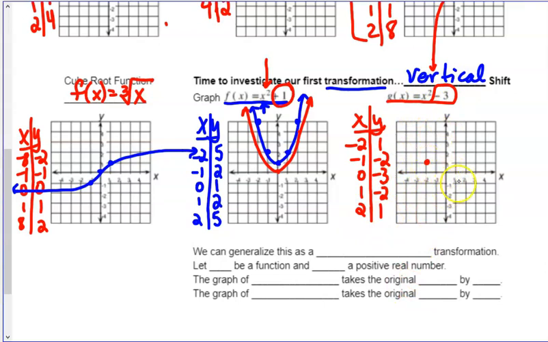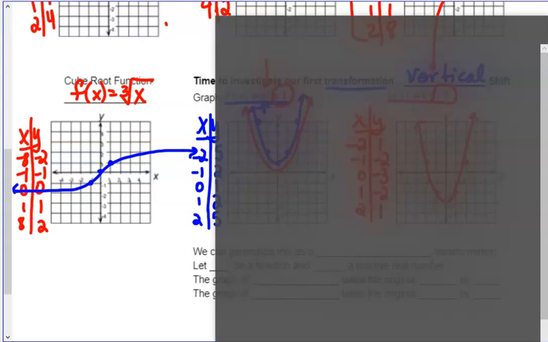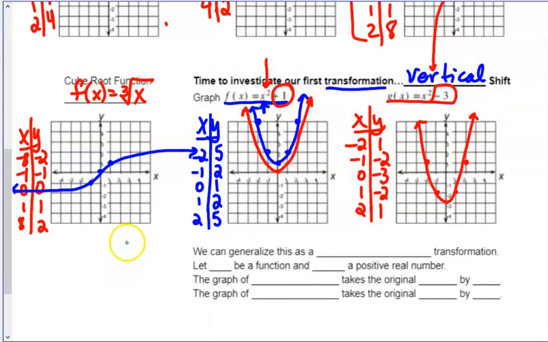Negative 2, 1. Negative 1, negative 2. 0, negative 3. 1, negative 2. And 2, 1. So here is my U shape. Now, what happened there on that U shape if I were to graph those points?